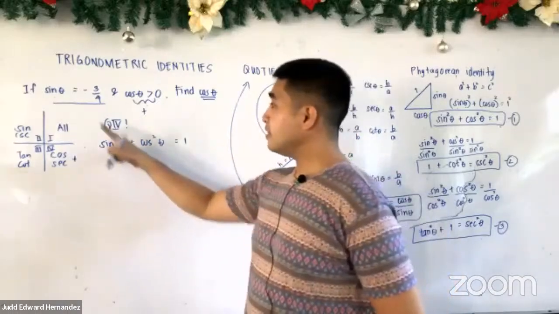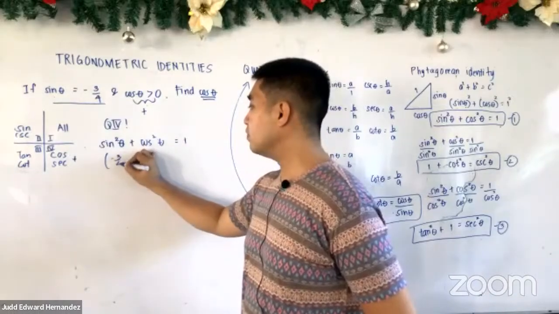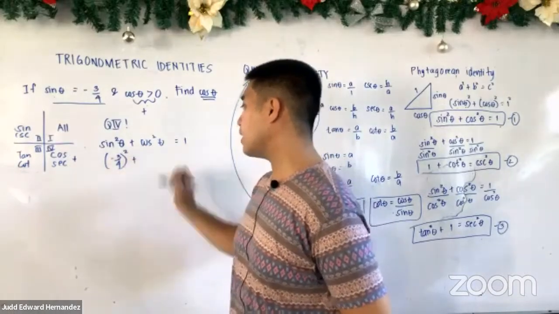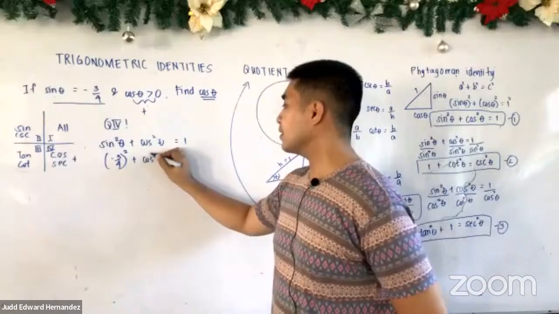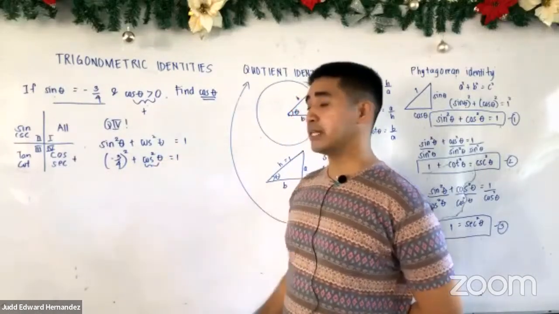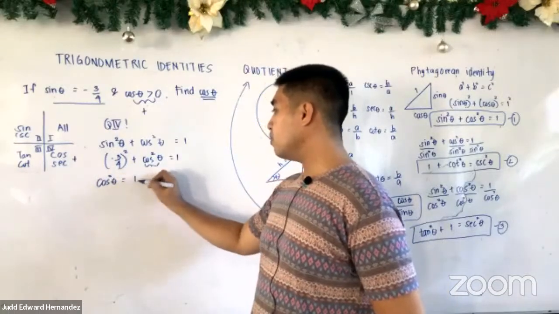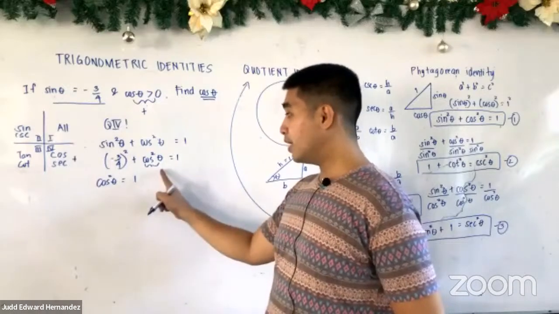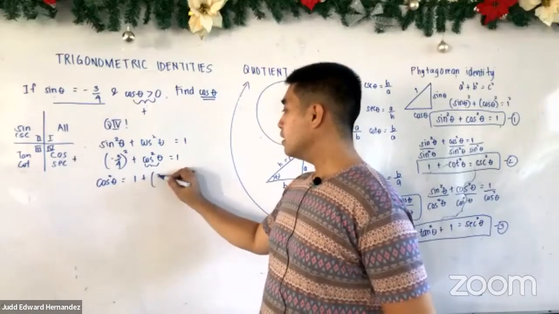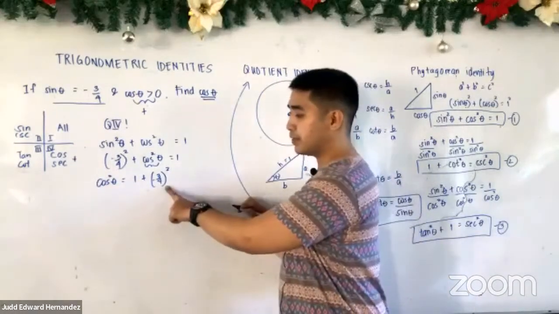Okay. Sine theta is given as negative 3/4. So this is negative 3/4 quantity squared plus cosine squared theta is equal to 1. Mahanap natin ngayon si cosine squared theta. Therefore, we could say that cosine squared theta is equal to 1 plus negative 3/4 squared. Tama po ba?